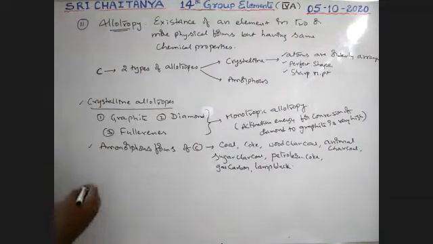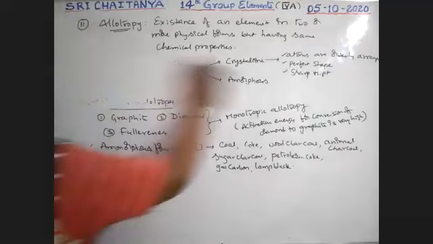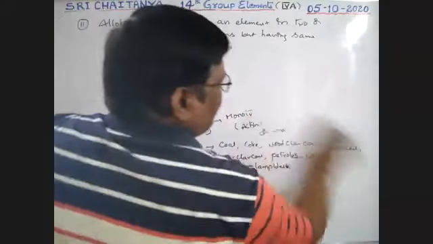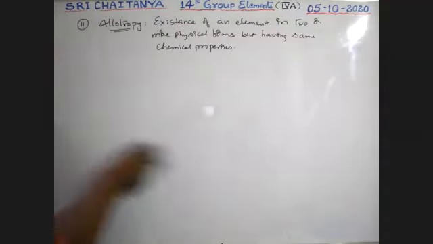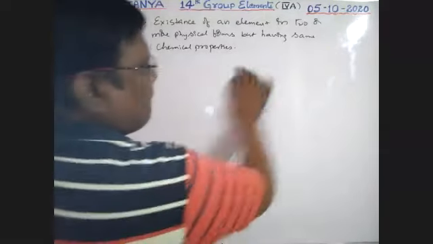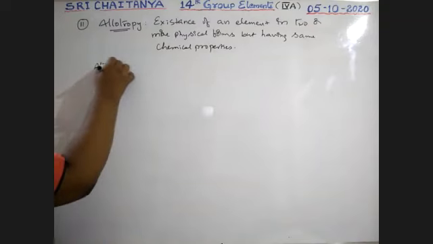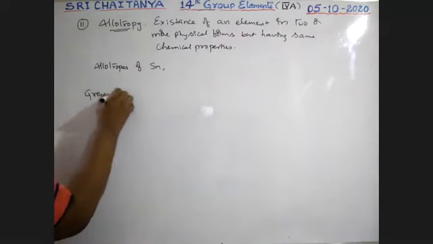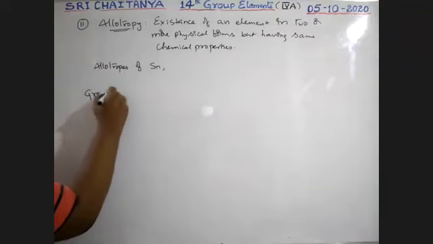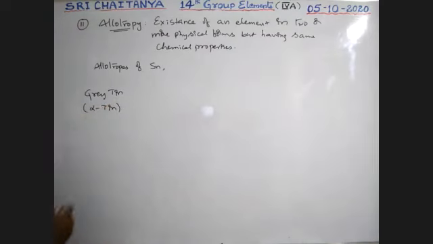Okay. Next, tin. I am explaining with tin cases. That was for carbon. Now, allotropes of tin. That is grey tin, also called as alpha tin.